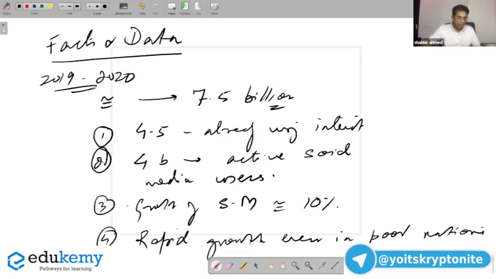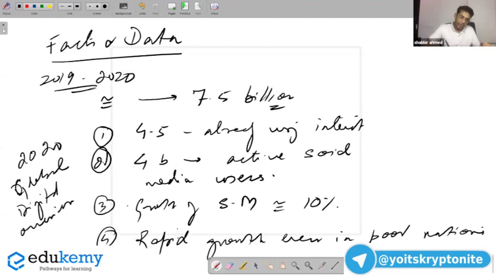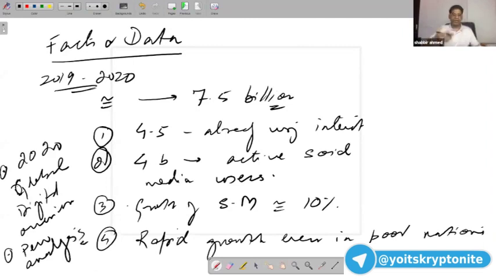So this is a lot of the data source. The source that I am referring to is the 2020 Global Digital Overview. That is one source, and another is the Pew analysis in the US. Pew is also a data collection center. So even they mention this, the Pew analysis.